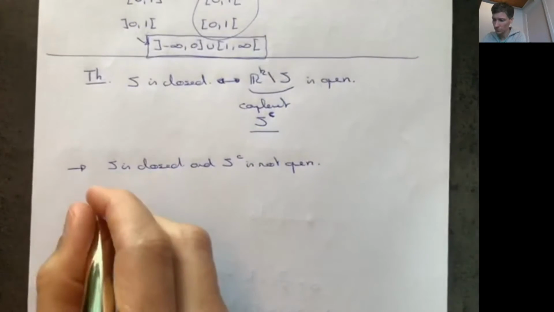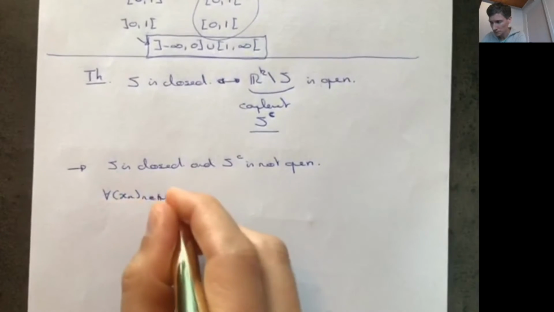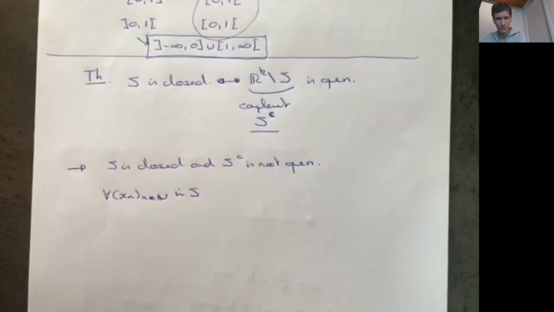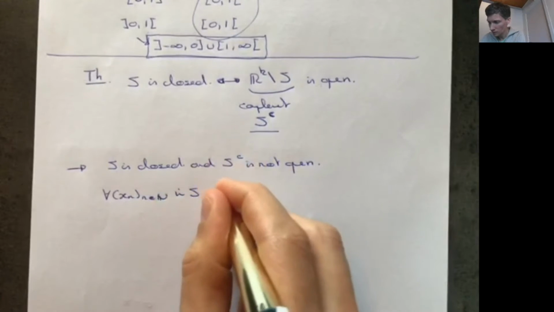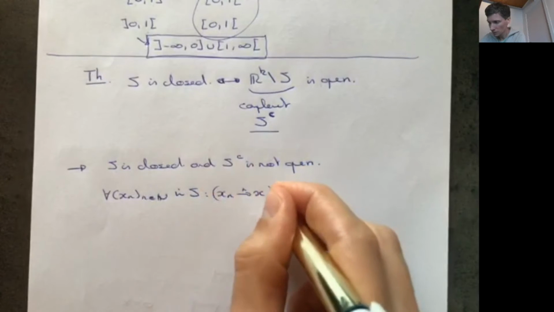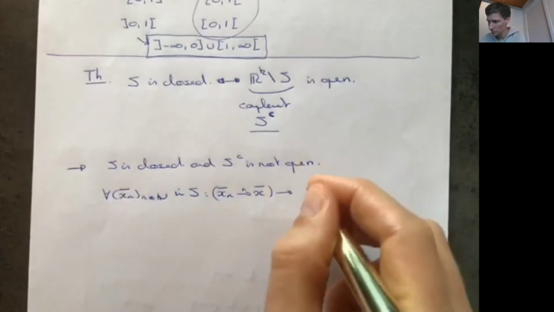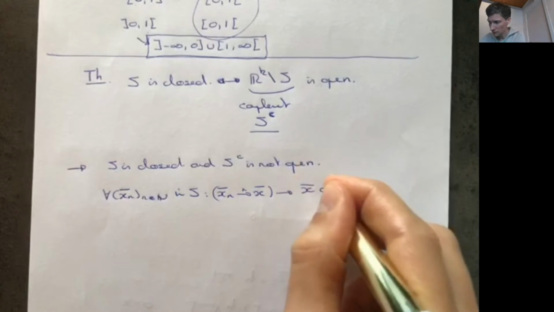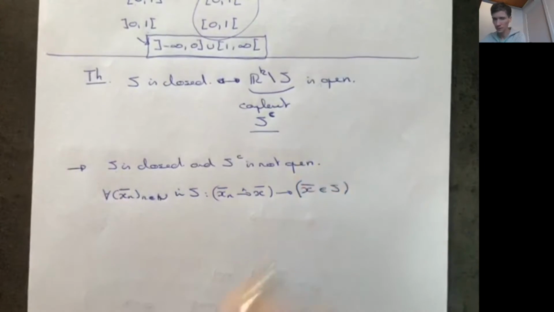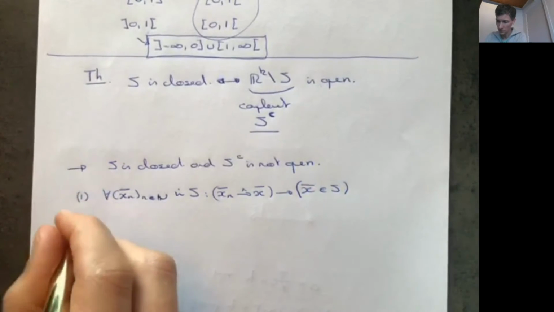S is closed, this means that for all sequences x_n in S, if x_n converges to x, these are vectors, then x is in S. So this is the first.